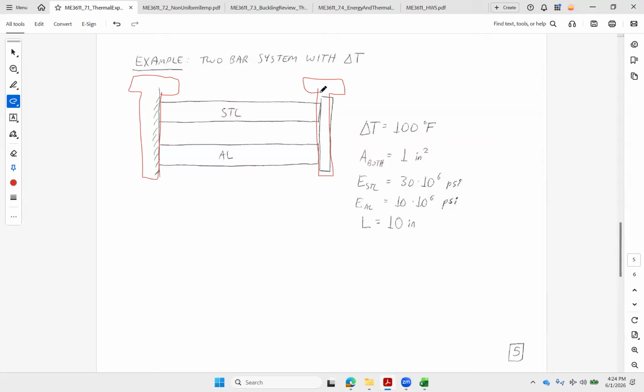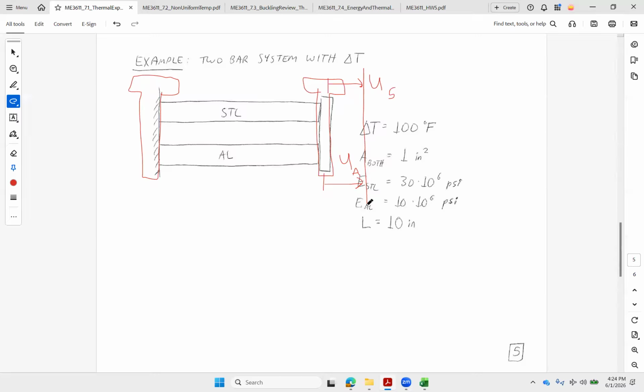So we might represent it by one end hatch. That'll be our reference end that doesn't move, and then the right side where they'll move the same amount. So that's to say that our U for the steel, our displacement, and our displacement for the aluminum are going to have to be equal. They've got to go the exact same distance, however far they go.